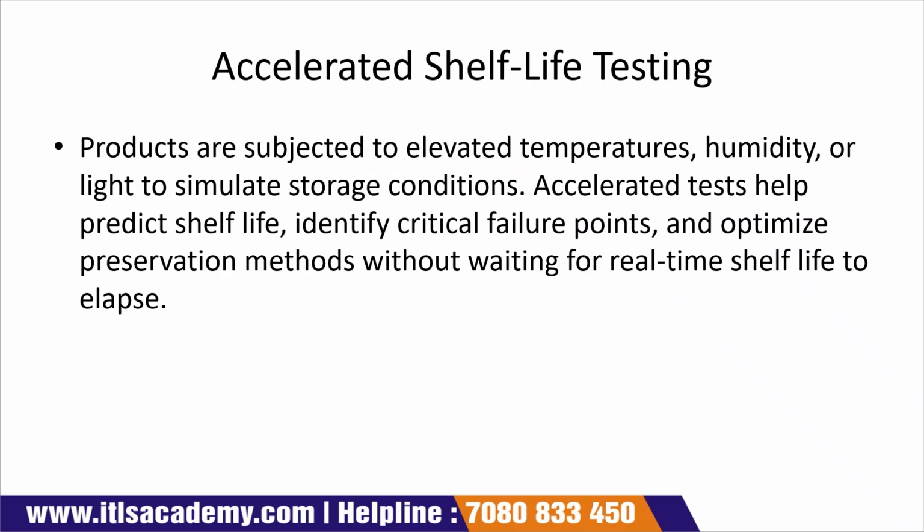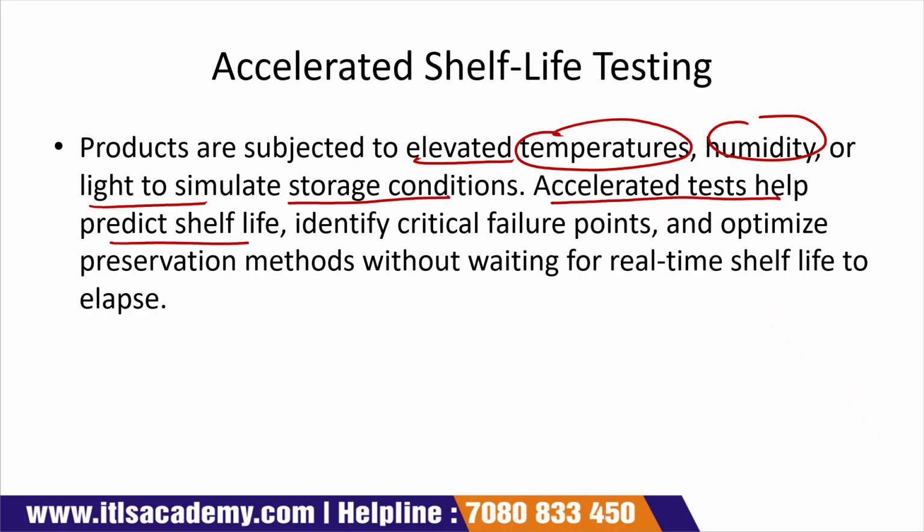Then accelerated shelf life testing. Products are subjected to elevated temperature, humidity, or light, which simulate the storage conditions, and the accelerated test helps predict shelf life, identify critical failure points, and optimize the preservation method without waiting for real time shelf life to elapse.